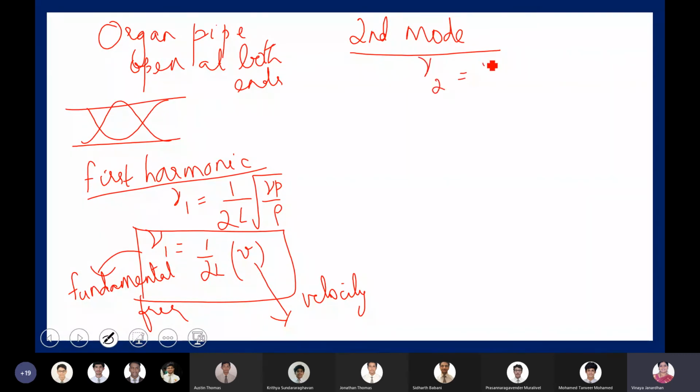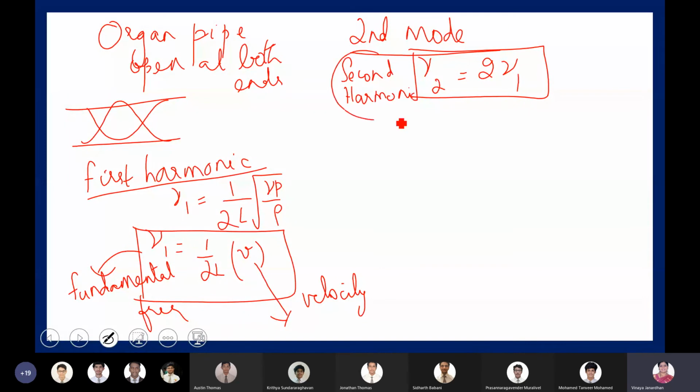So when this organ pipe is open at both the ends, the second mode of vibration, your nu2, will be equal to 2 times nu1. This frequency we call the second harmonic, or the first overtone. Now, why are these relations important? The only thing is that you should know what nu1 is, that's it.